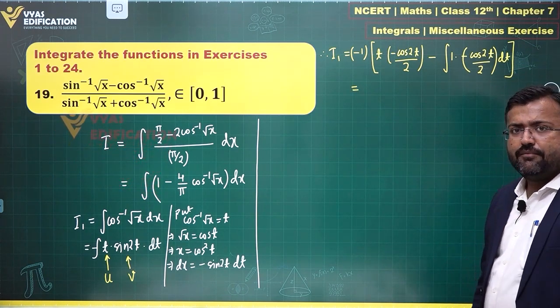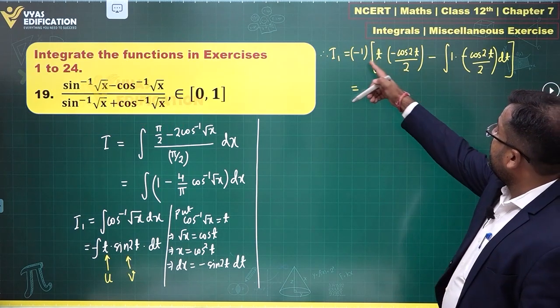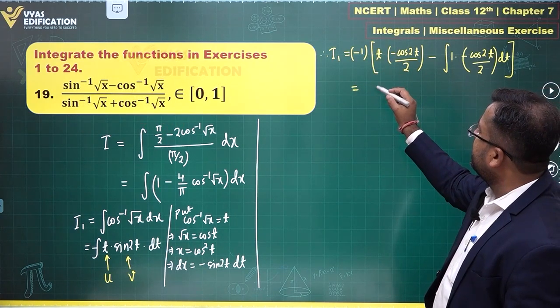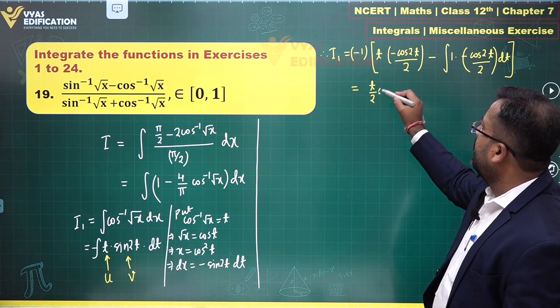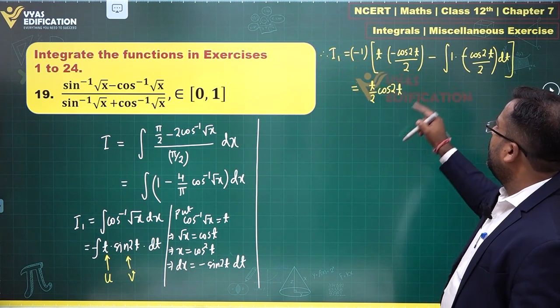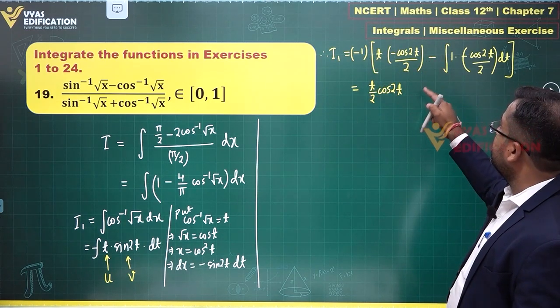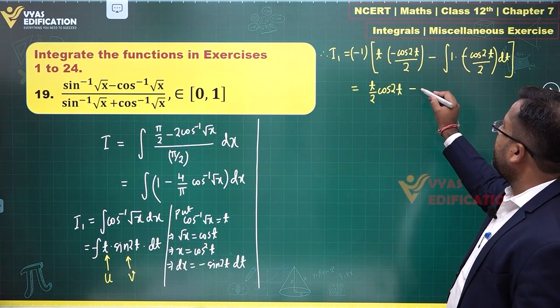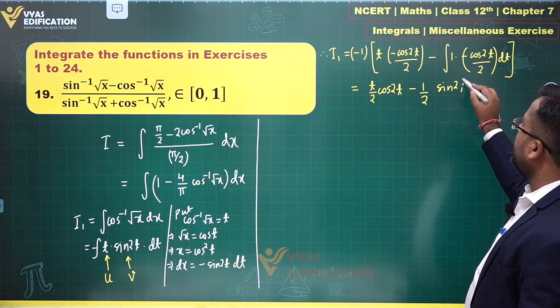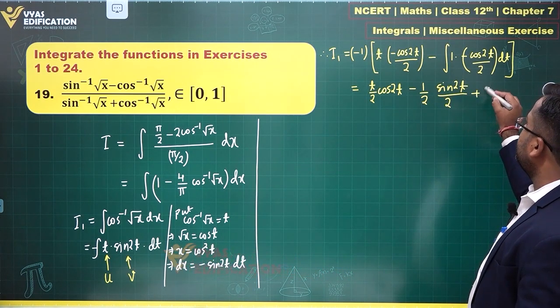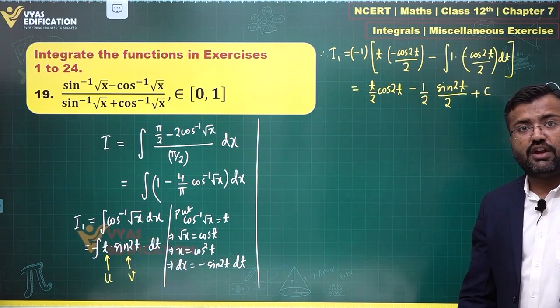What does this give me? This is not difficult. Minus minus becomes plus t by 2 cos 2t. And this minus becomes a plus, but with the outside minus it becomes a minus again. The integral of cos 2t is sin 2t upon 2 plus a constant of integration. This is what you get.